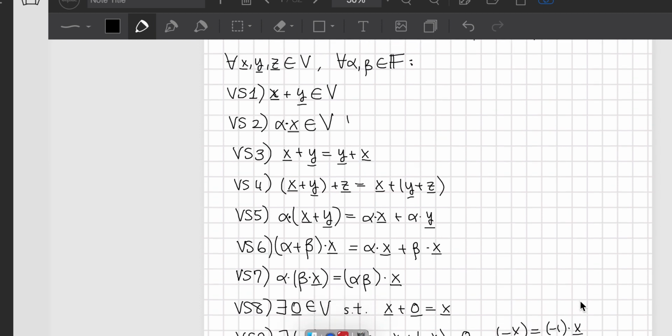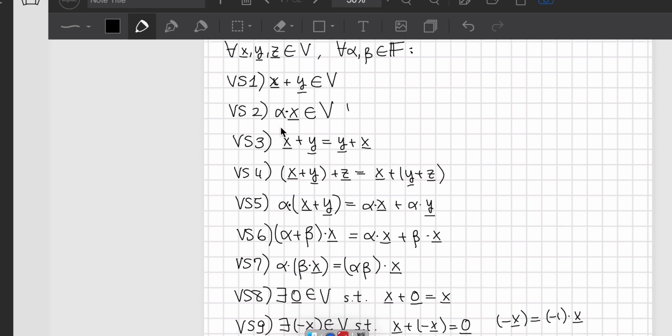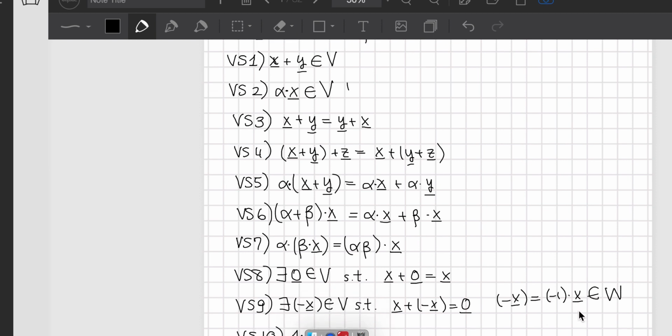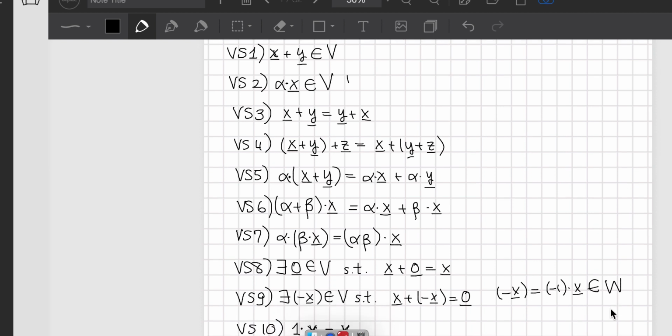But because we said that the subset is closed under scalar multiplication, this belongs to the subset, which is let's say W in this case. Because if x belongs to W, then because of closure under scalar multiplication, the negative 1 times x also belongs to W. Okay, so the first part is implied by VS2.